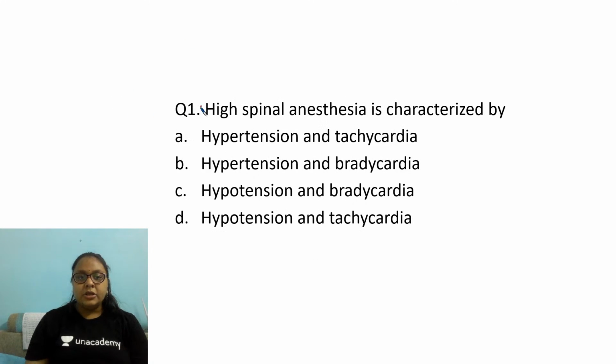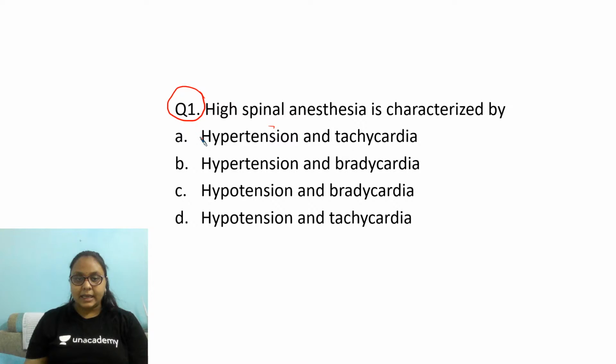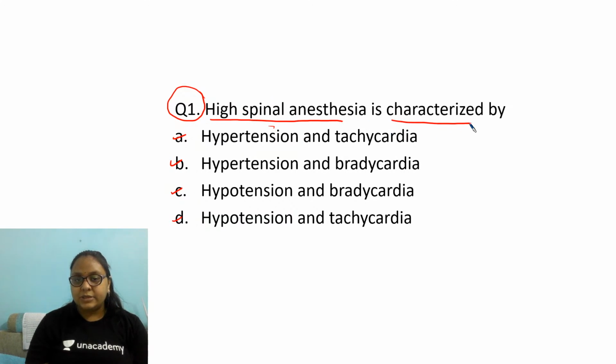Okay, fine. So the first question for today is high spinal anesthesia. High spinal anesthesia is characterized by: A, hypertension and tachycardia; B, hypertension and bradycardia; C, hypotension and bradycardia; D, hypotension and tachycardia.